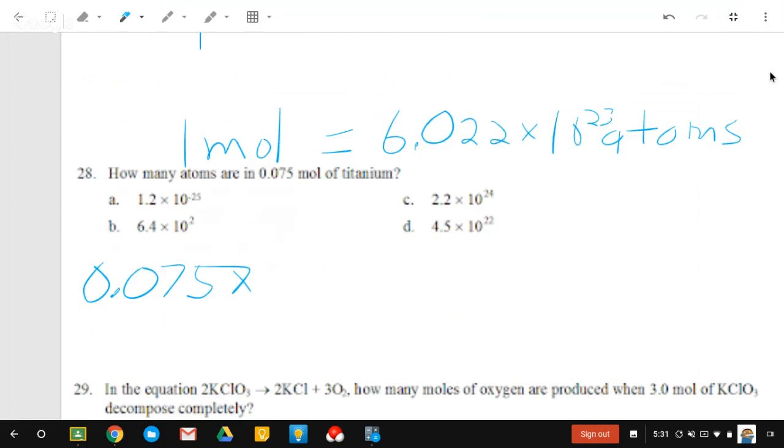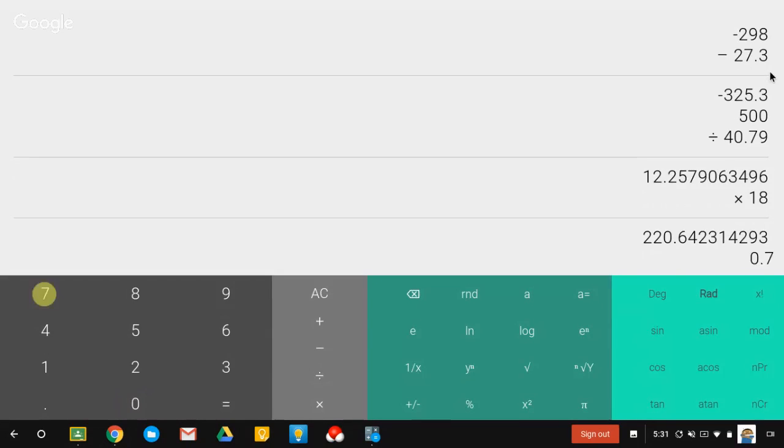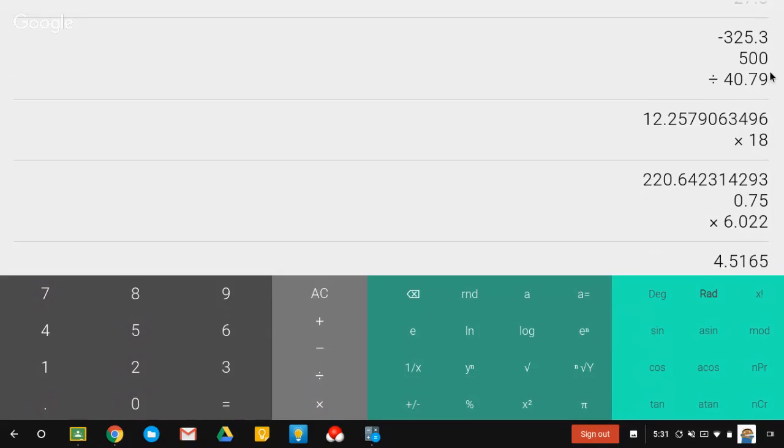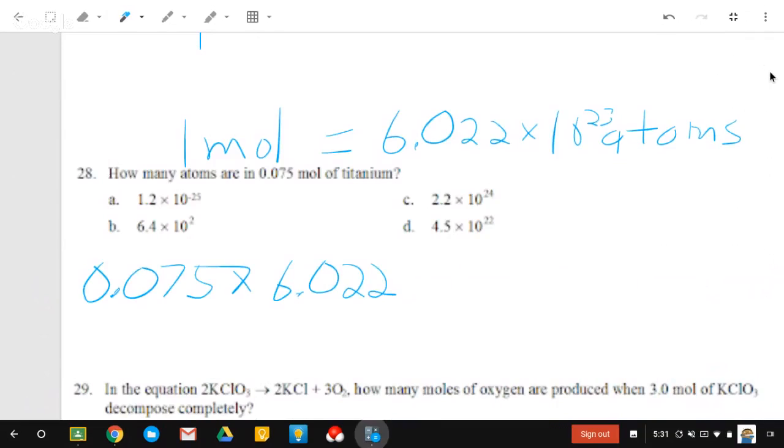Let me show you guys how I would do this. Then just look for wherever there's 4.5 something. That's got to be D, the only one with 4.5. Done. Move on. Don't worry about the exponent. Just the main answer. Done.